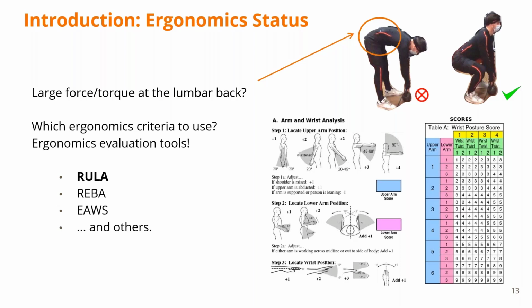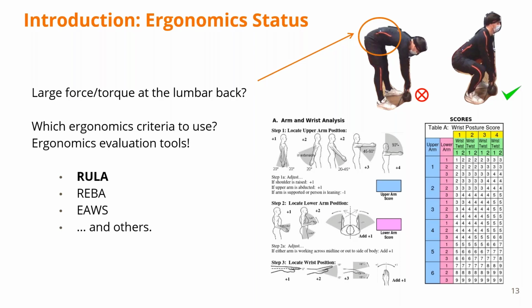In this example in particular, the left motion requires more forces, more torques at the lumbar back, at the lower part of the back of the subject, than the motion on the right. But the important question here is, how do we generalize this process?